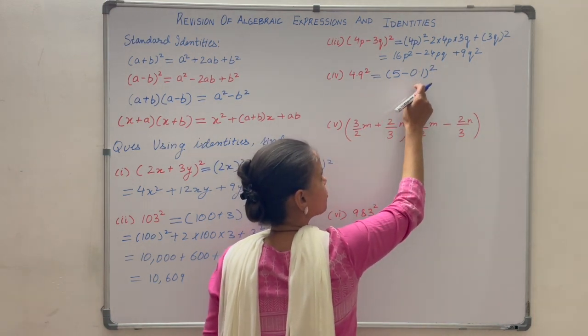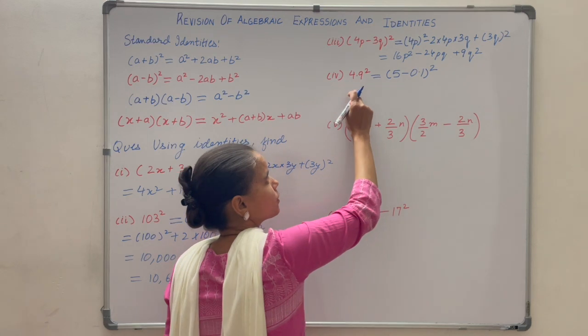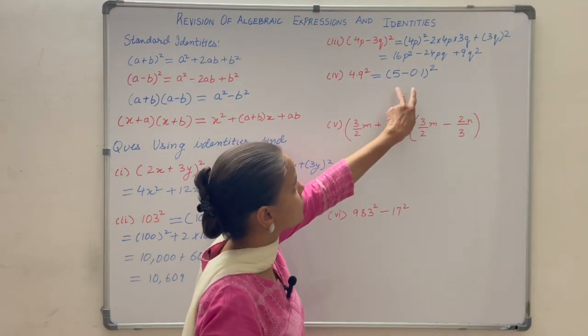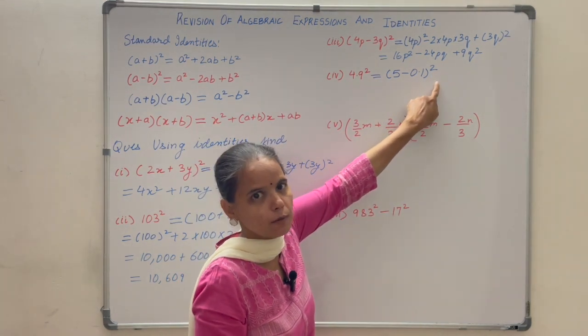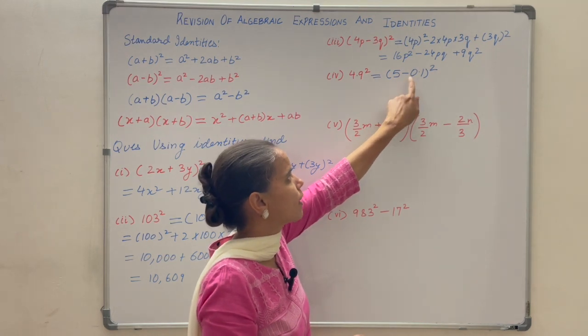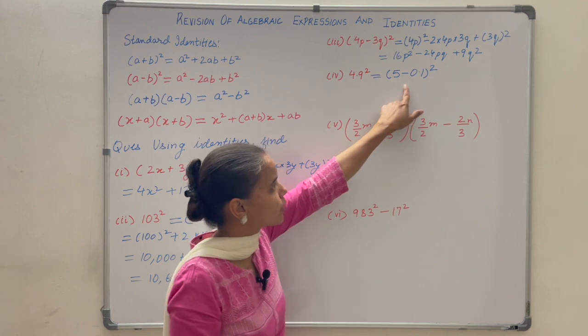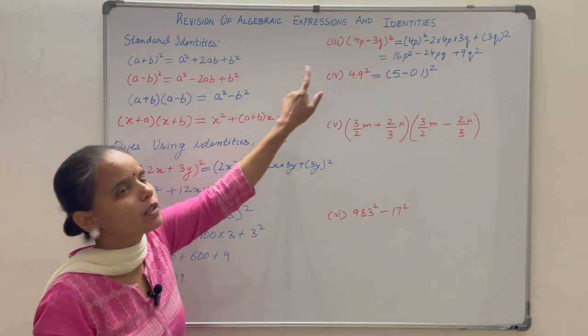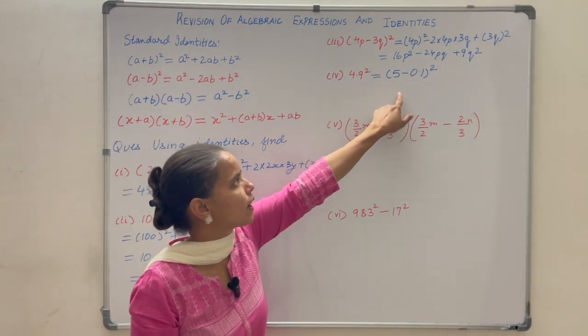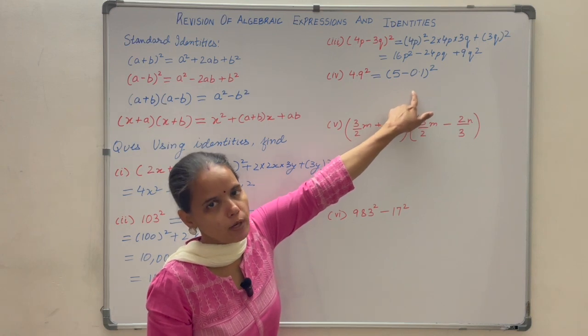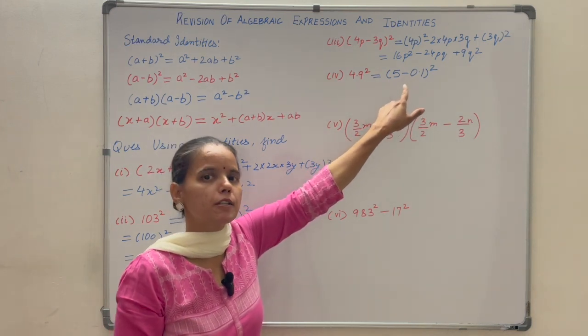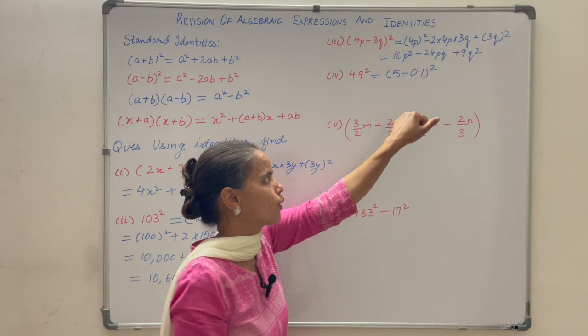Because 5 minus 0.1 is 4.9. But I have split 4.9 as 5 minus 0.1. So you can clearly see this is similar to your identity (a minus b) whole square, where a is 5 and b is 0.1. So let us use (a minus b) whole square identity here and solve it.